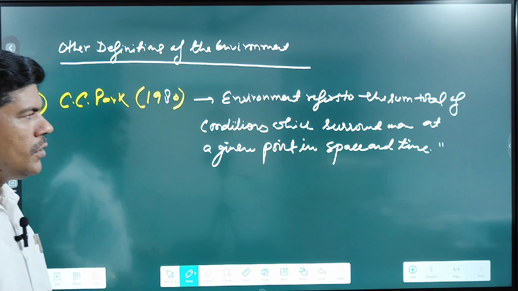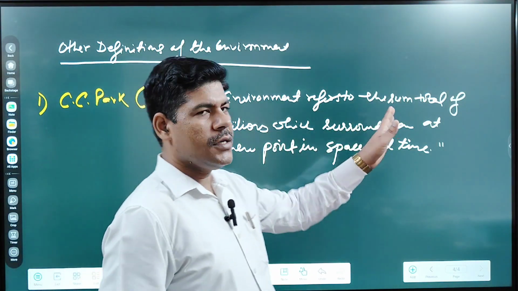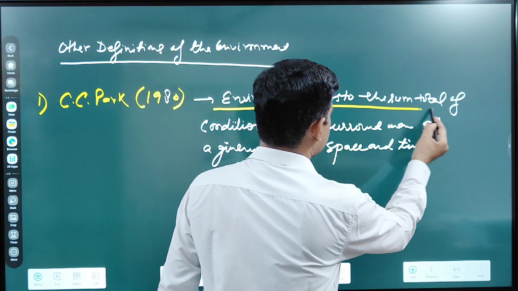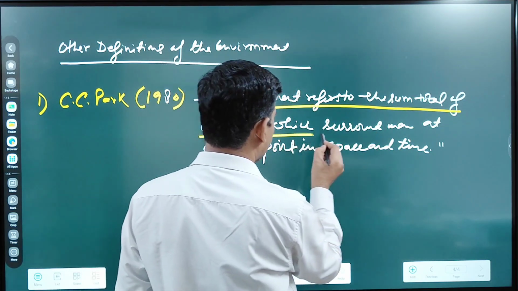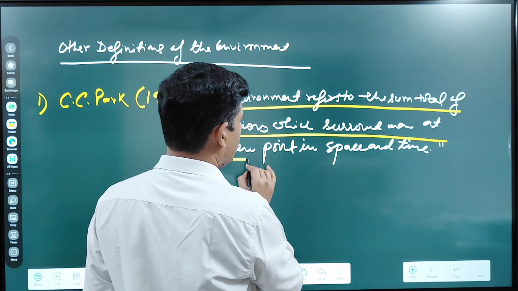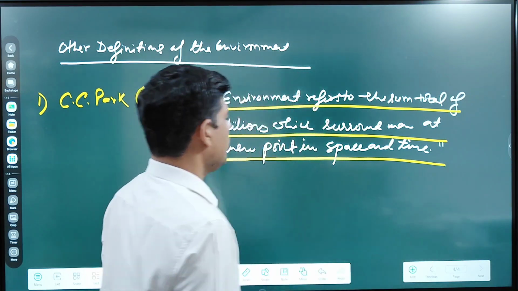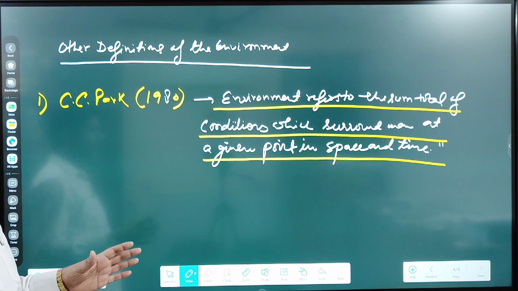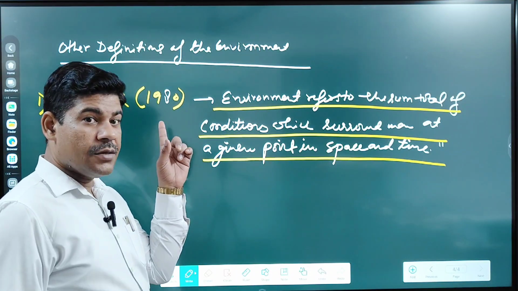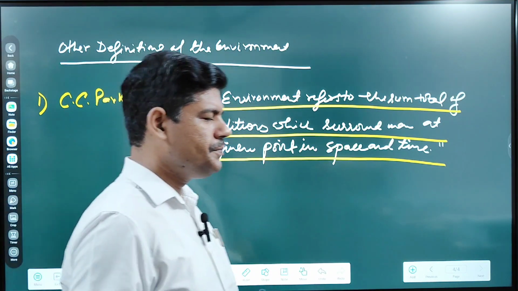Okay, so it is none other than that environment refers to the sum total of the conditions which surround man and at a given point in space and time. So what are these conditions? That biotic and abiotic conditions. Okay.